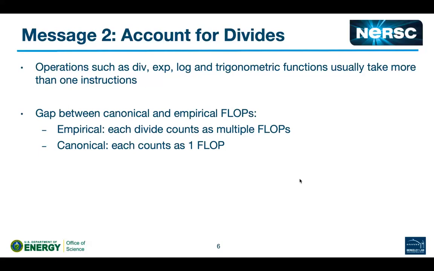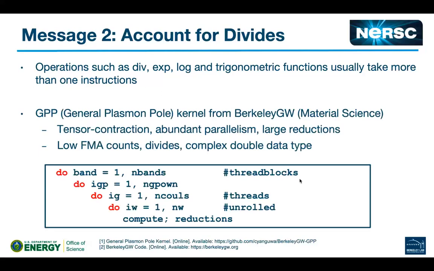And here we're going to do some comparison. So one is the canonical way of counting the flops, and the other one is the empirical way.